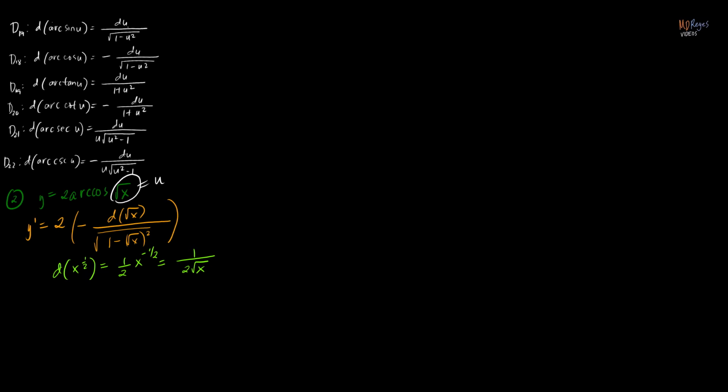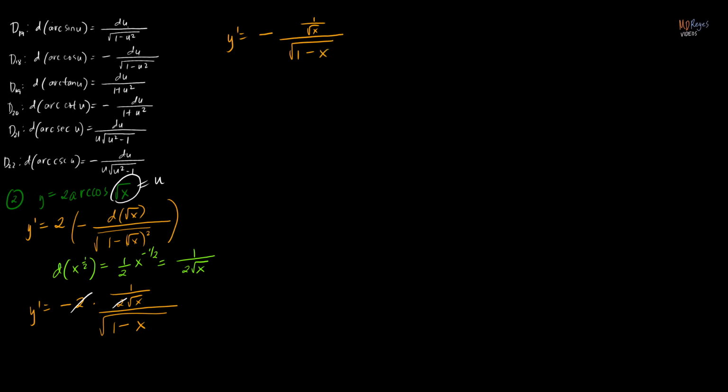So going back, y prime is equal to negative 2 times the derivative of square root of x, which is 1 over 2 square root of x, over the square root of 1 minus the square root of x squared, which is just x when simplified. Simplifying our answer, 2 over 2 is 1. So what we'll have is y prime equals negative of 1 over square root of x over square root of 1 minus x.